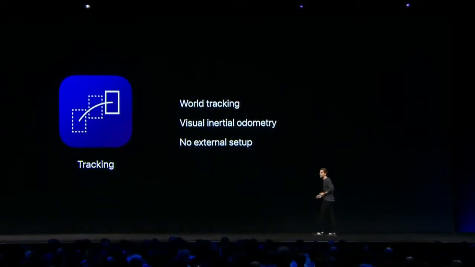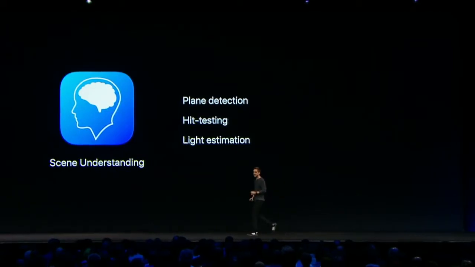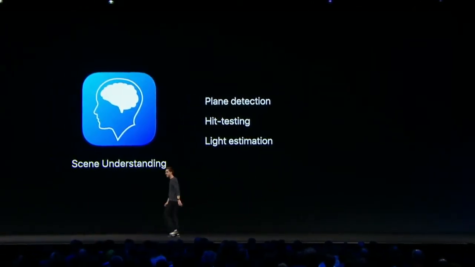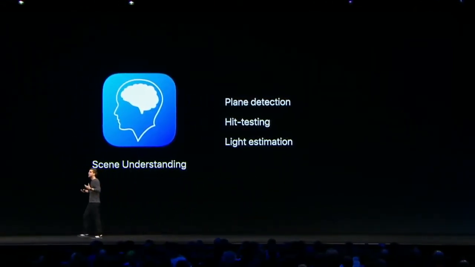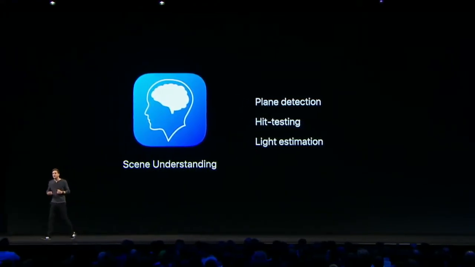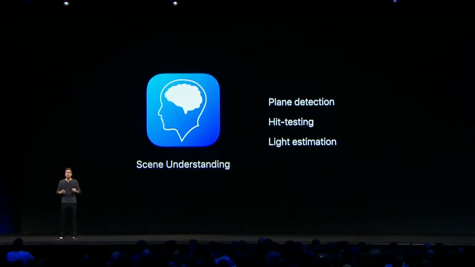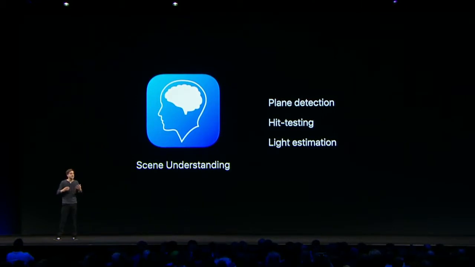Next, building upon tracking, we provide scene understanding. Scene understanding is the ability to determine attributes or properties about the environment around your device. It's providing things like plane detection. Plane detection is the ability to determine surfaces or planes in the physical environment. This is things like the ground floor or maybe a table. In order to place your virtual objects, we provide hit testing functionality.